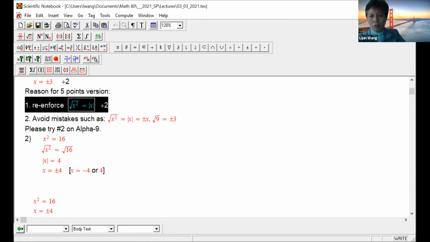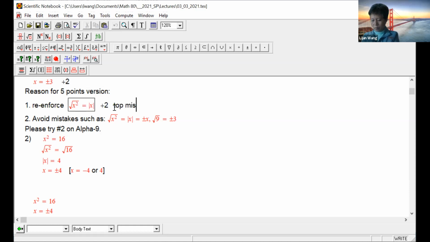Top mistake of all time. So we want to enforce the top mistake of all times in math. I'm making that claim, even though I suspect that is the case, and I actually don't have the hard evidence for it.